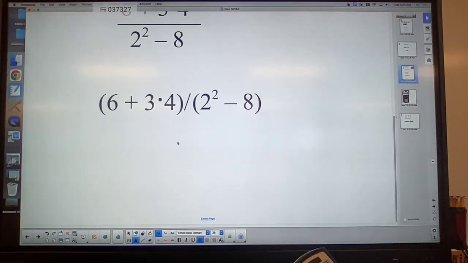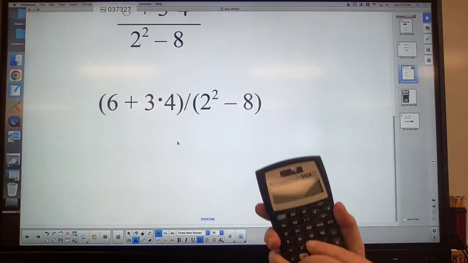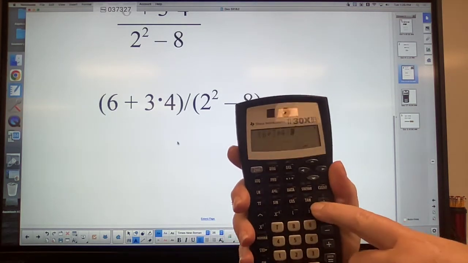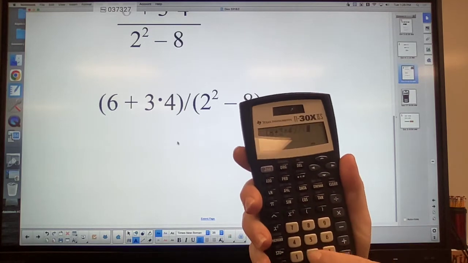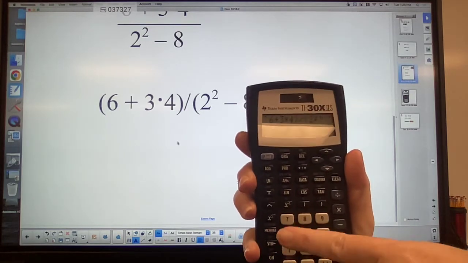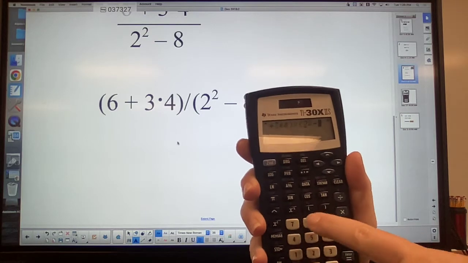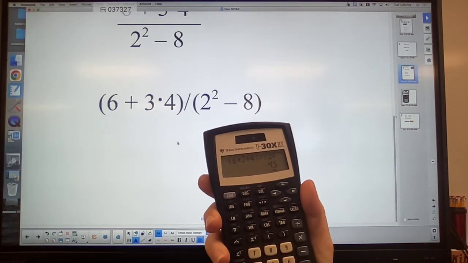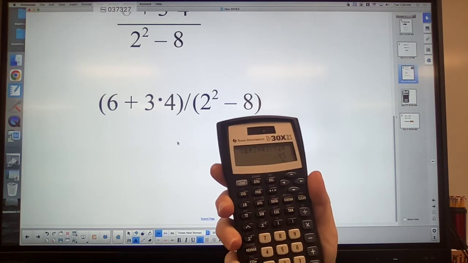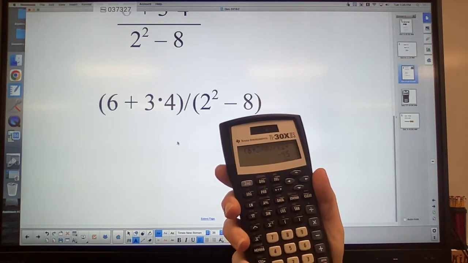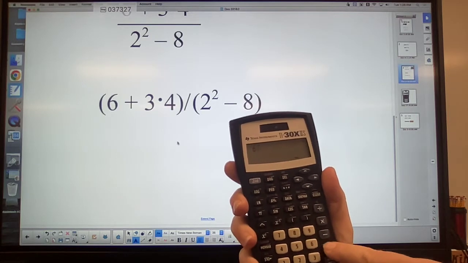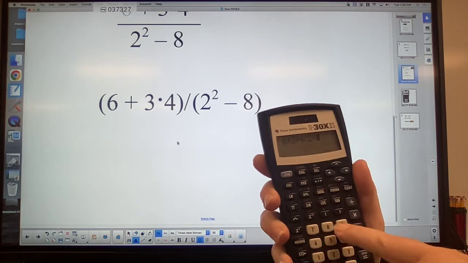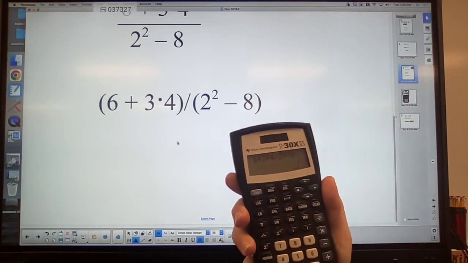If you type it in properly, you'll see this: parentheses 6 plus 3 times 4, close your parentheses, divided by parentheses 2 squared, use your shortcut squared button, not power 2, minus 8 parentheses, you'll get -4.5. -4.5 is the correct answer. If you did the exact same thing without parentheses, 6 plus 3 times 4 divided by 2 squared minus 8, you're going to get 1.